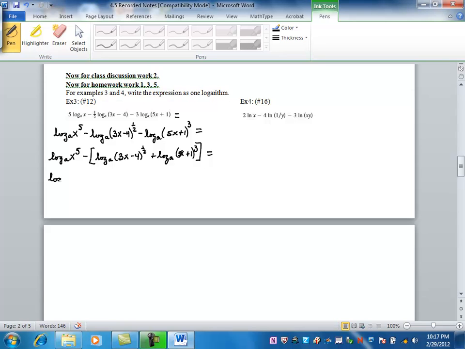So this becomes log base a of x to the 5th minus, I don't really need the bracket here, but I'll put it in, log base a of 3x minus 4 to the 1/2 times 5x plus 1 to the 3rd.